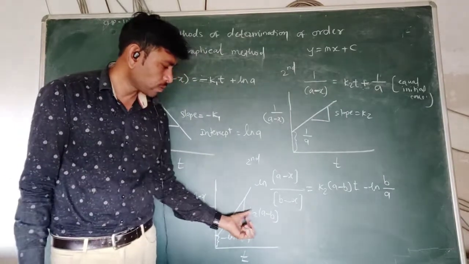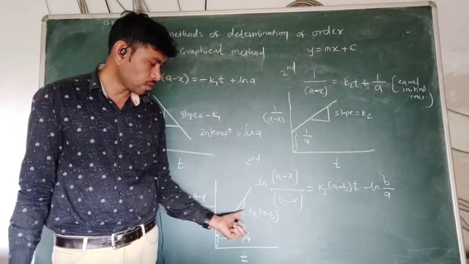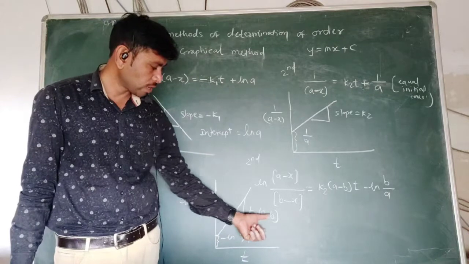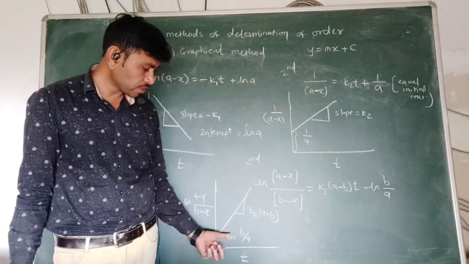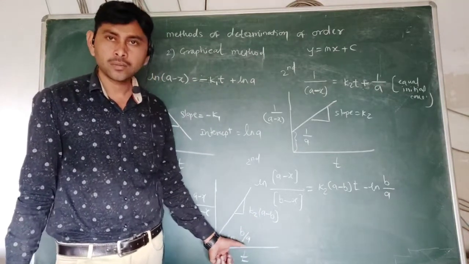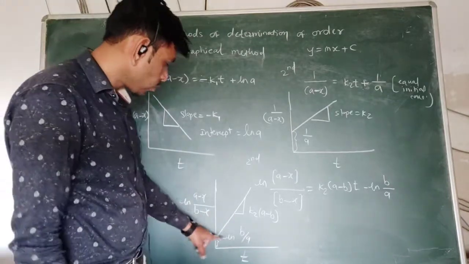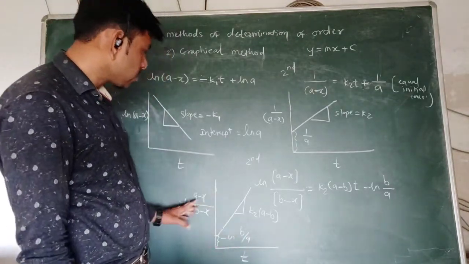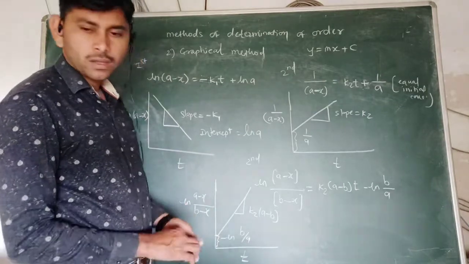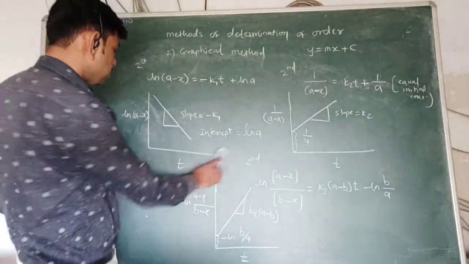So the value of slope gives k2 (a minus b), and the value of intercept gives minus ln b upon a. In this manner second order reaction graphical representation can be obtained.